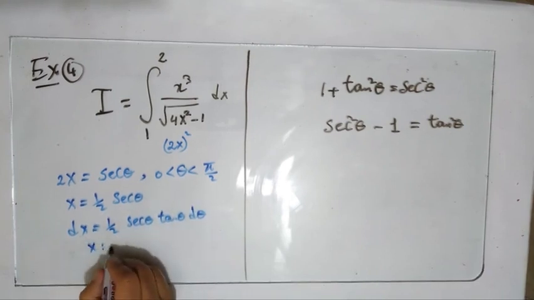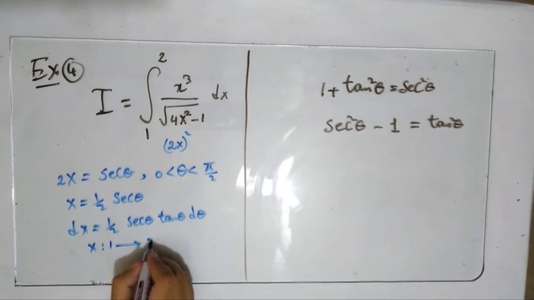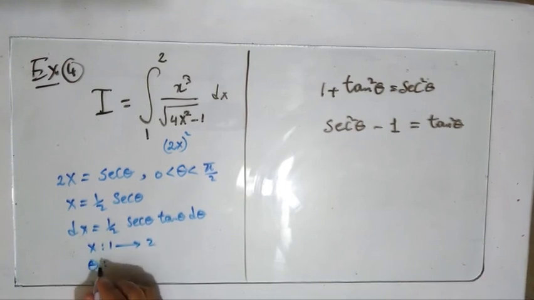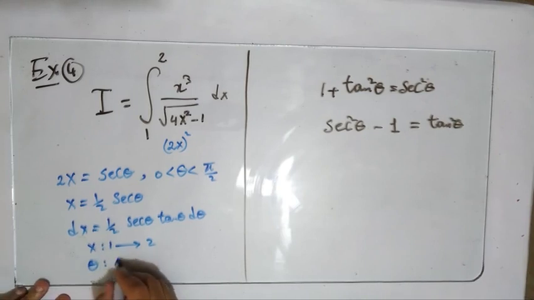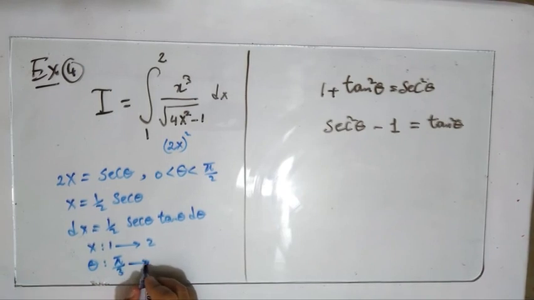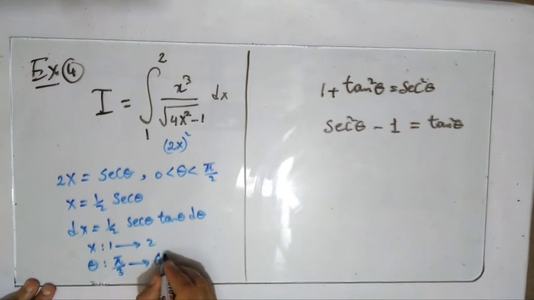So with easy calculations you can prove that theta is changing from pi over 3 to cosine inverse of 1 over 4.